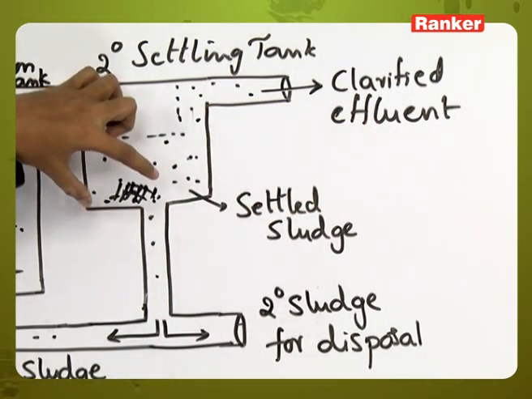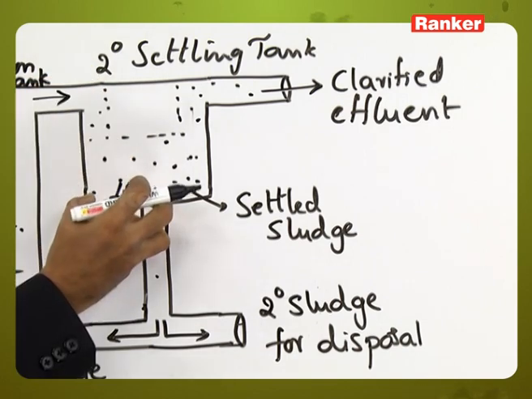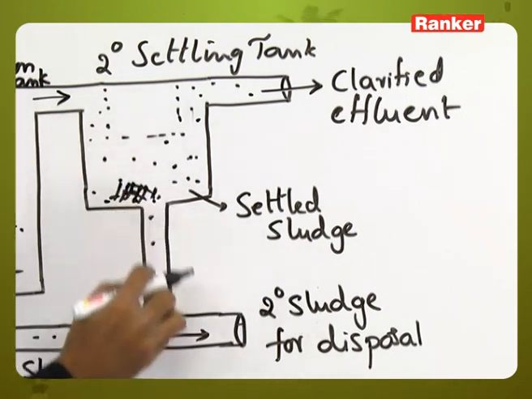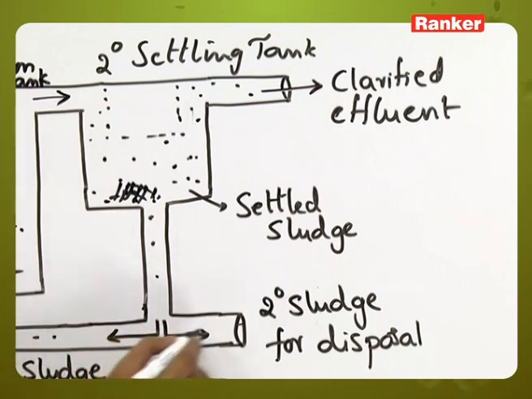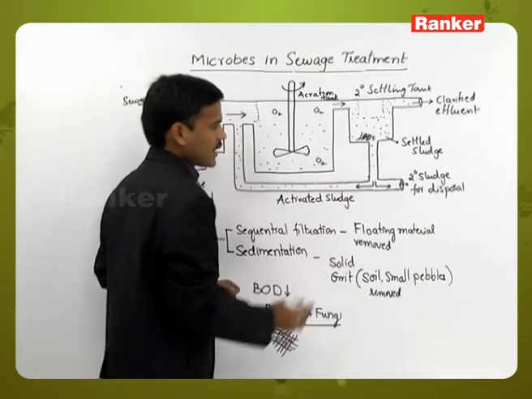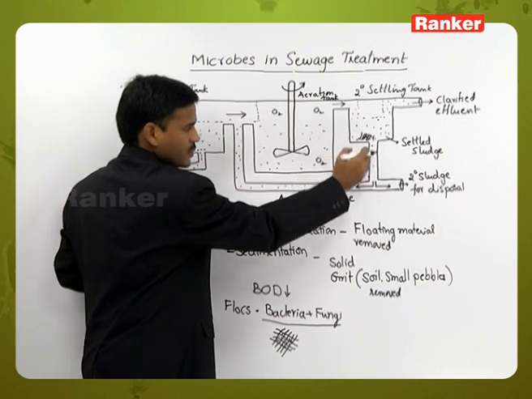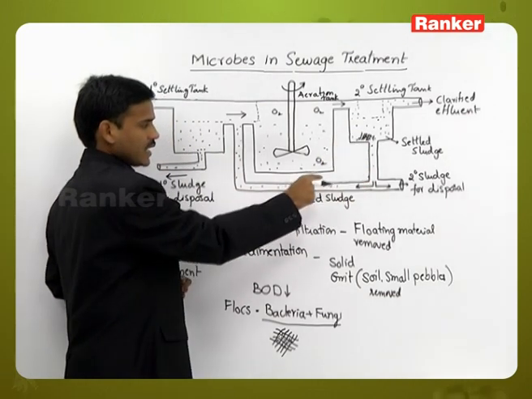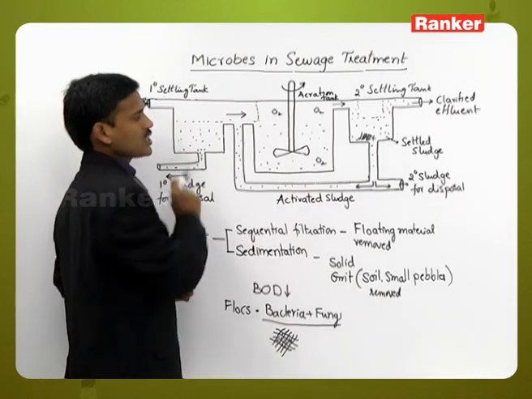Next, in this tank, some of the settled flocs, some amount of secondary sludge, is disposed. And some amount of secondary sludge is pumped again into the aeration tank.